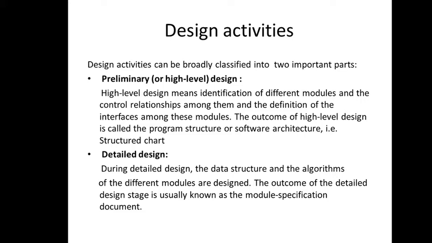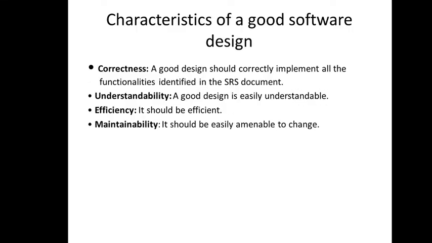We prepare a document here that is known as the module specification document that lists all the modules and the detailed specification. Now, a design should have certain characteristics, right, which makes it a good design, good to implement.